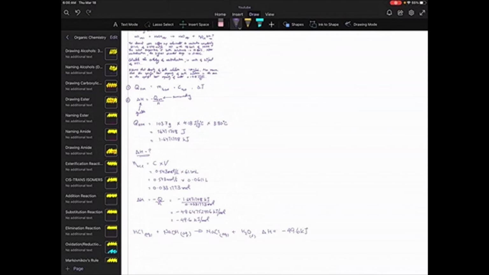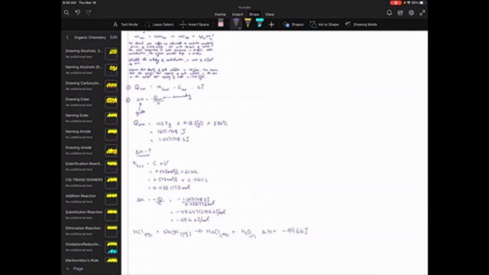And that negative does make sense because the system lost energy in this reaction, or the reactants had more energy and they lost it, and that's why the temperature of the solution increased, or the surroundings had increased.